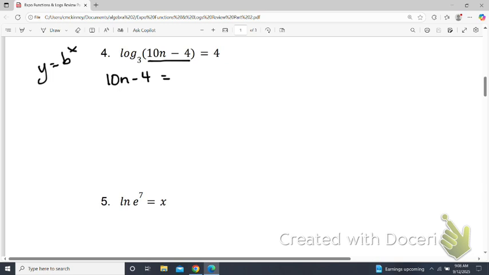Base is the 3, which means this fellow over here is the exponent. And then we're going to have to actually find out what 3 to the 4th is. We can use our calculator. We could just multiply it out, but we should get 81. And then now we just have a nice 2-step equation.